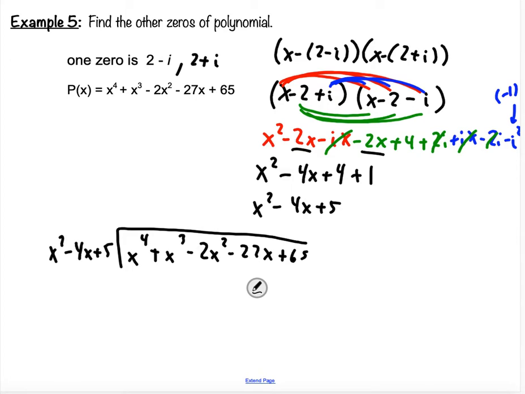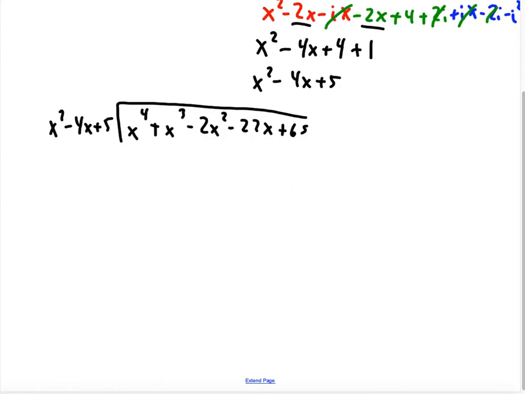So x squared times what is x to the fourth there? It'd be x squared. So now take x squared and distribute it through that trinomial there, so we get x to the fourth minus 4x to the third, and then plus 5x squared.